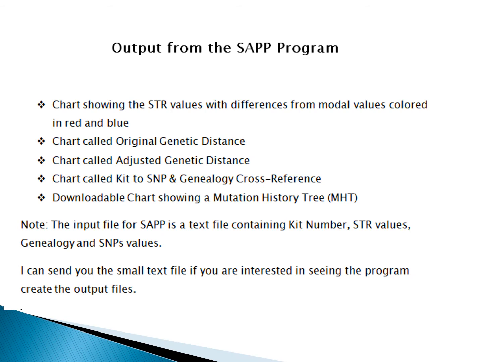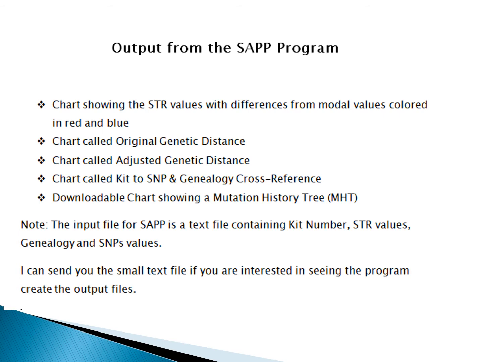When you click the link, you get an input screen for the SAP program. This slide shows some of the output from the SAP program. We're going to run 111 markers for the 4 Big Y 700 testers through the program instead of just looking at 12 markers, though we will show 12 markers in the example.